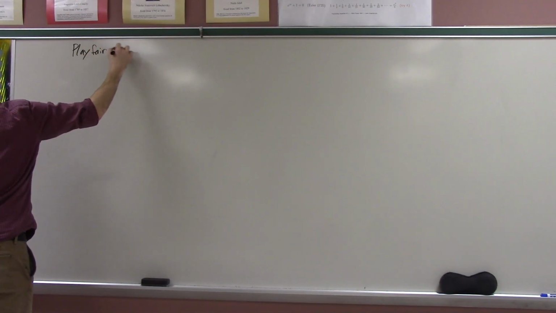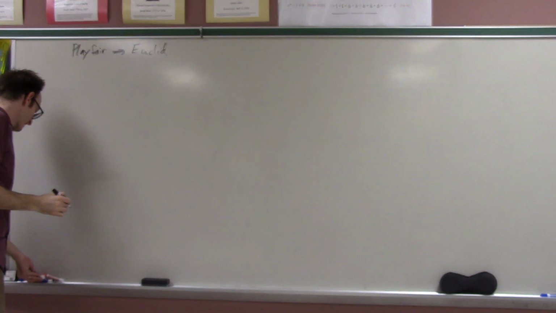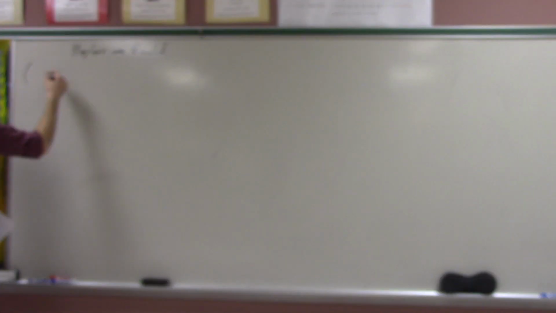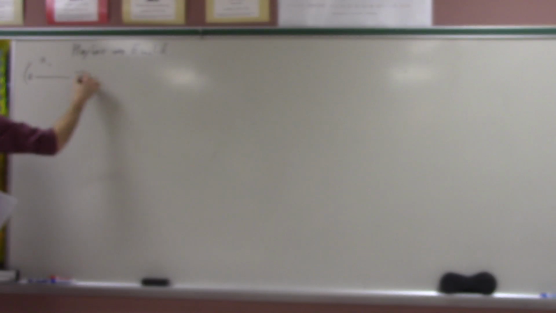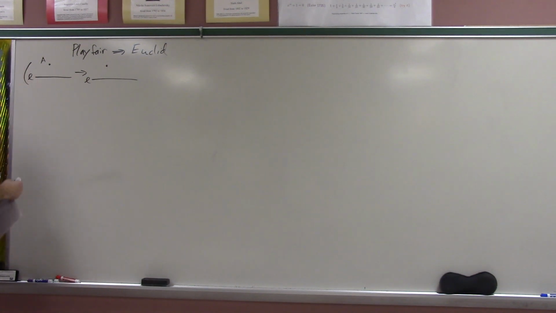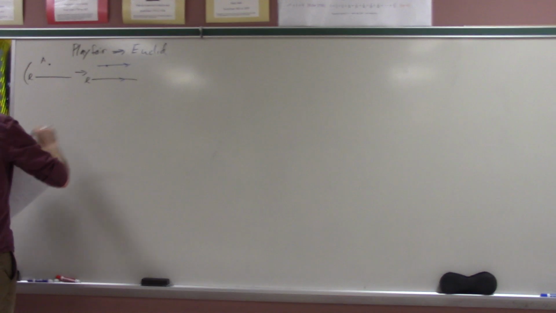Playfair implies Euclid. Okay. Well, this completes the sort of triangle of equivalences. What is Playfair? It's a conditional. It says if you have a line, a point not on that line, then through point A is exactly one parallel line.